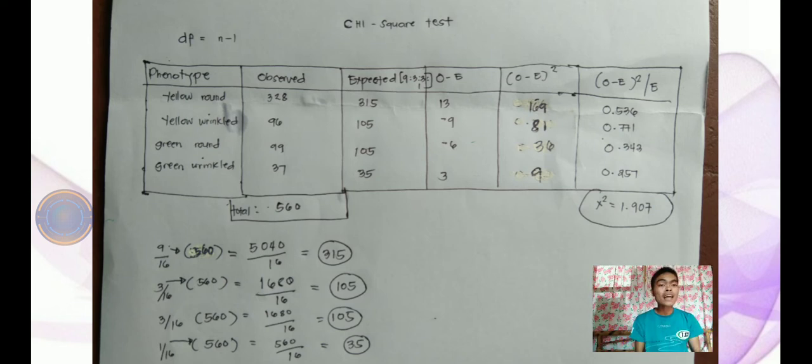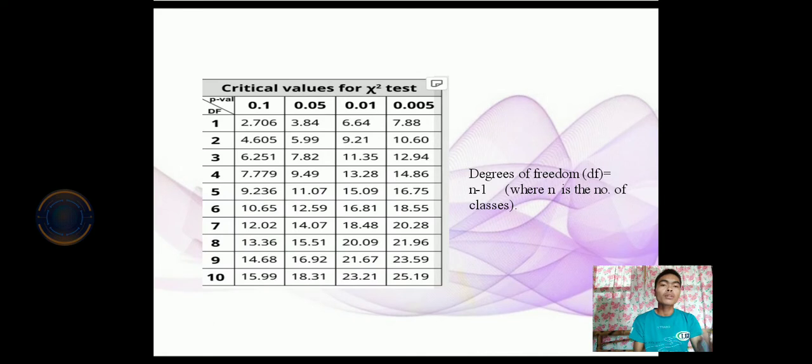1.907. Since our chi-squared value is 1.907, we will observe it in the table. Now, yung main reference natin is 0.05. Kanina, the degree of freedom is 4 minus 1 is equal to 3. Therefore, sa 3 tayo dito sa DF.